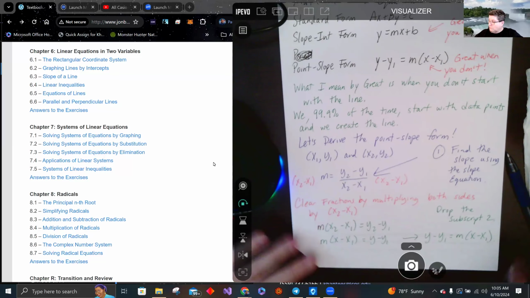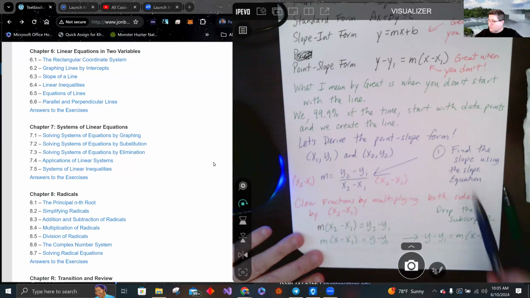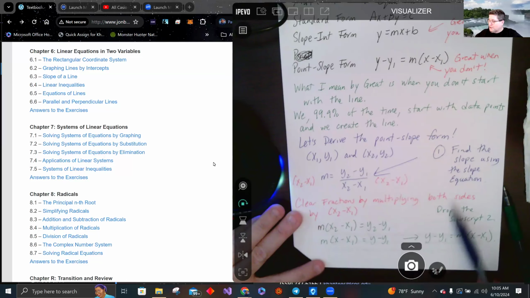So that's deriving it. We'll find the slope using the slope equation.